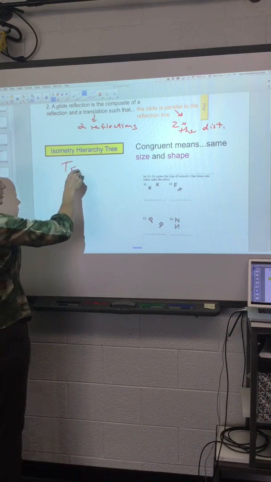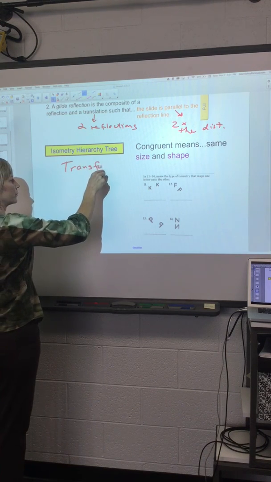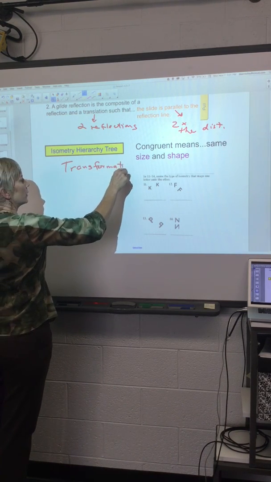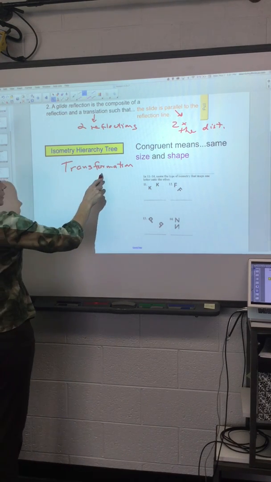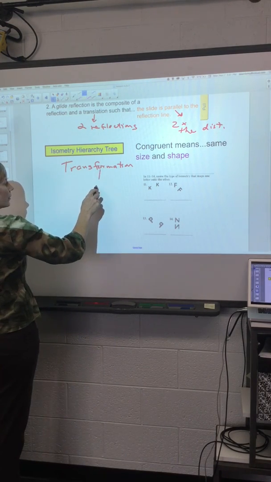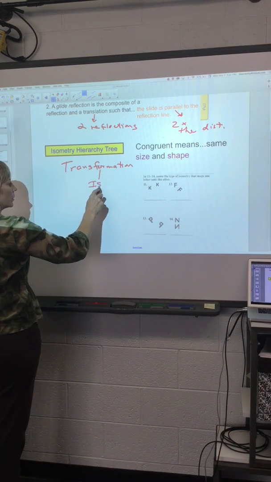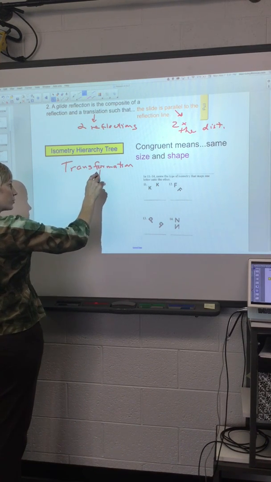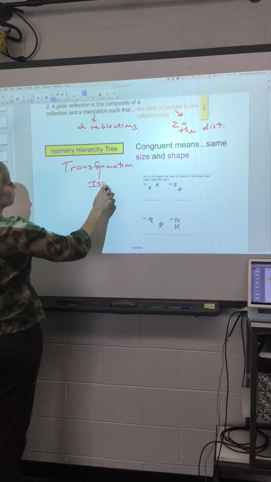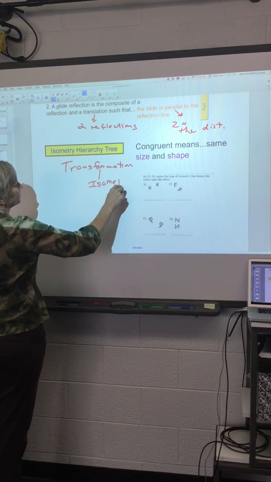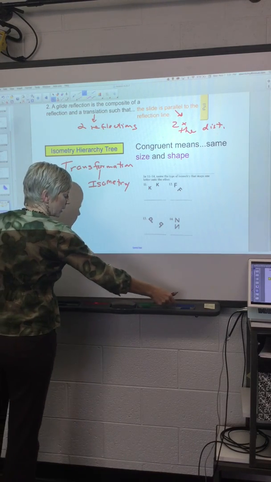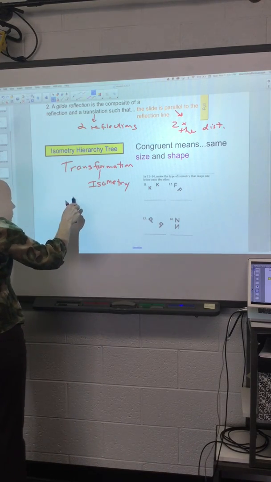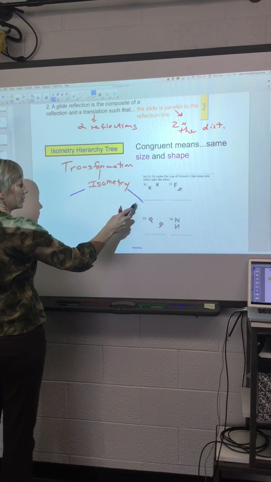Transformation is at the top, and that's anything that moves points around. Underneath that would be an isometry, which is a congruence transformation, so it's one step more specific. And then under there we have some categories. I'm going to divide them up like evens and odds.